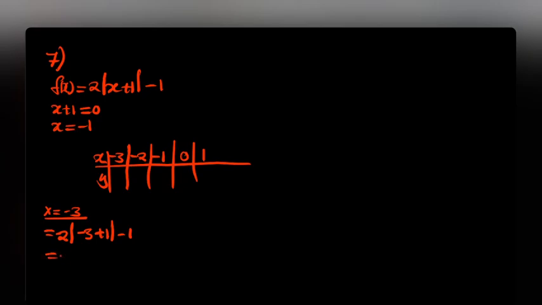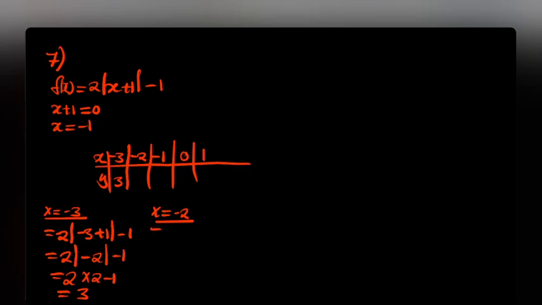So this will give us 2, then -3 plus 1 is -2, minus 1. So this is 2 times the modulus of -2, the absolute value, which is +2, minus 1. So this gives us 2 times 2, that's 4 minus 1, which is 3. So we have a +3 when x is -3.